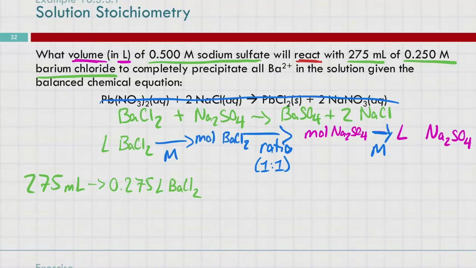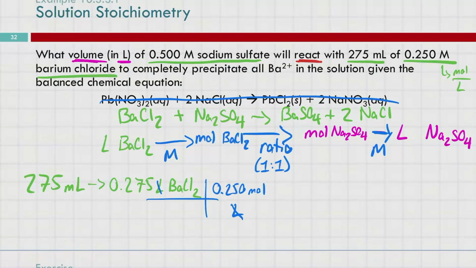barium chloride. The reason that I like to start with volume is just 1 unit. Molarity looks like it's just 1 unit. Secretly, it's 2 units in a trench coat. Molarity is moles over liters. And since it's moles over liters, we can multiply our molarity by our liters, and that will give us moles. So that'll give us our moles of barium chloride.